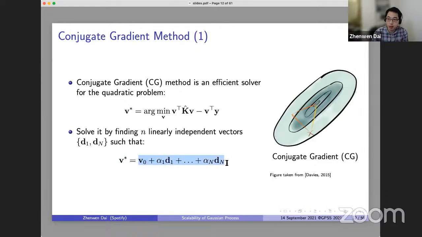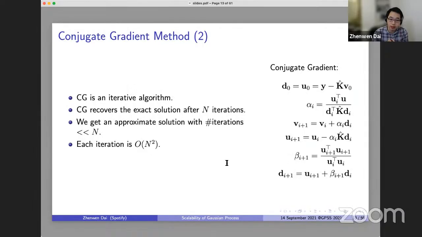There is a particular benefit of writing it in such a form, because it can iteratively discover those independent vectors one by one. Those vectors are actually conjugate directions of the covariance matrix, the matrix K hat.